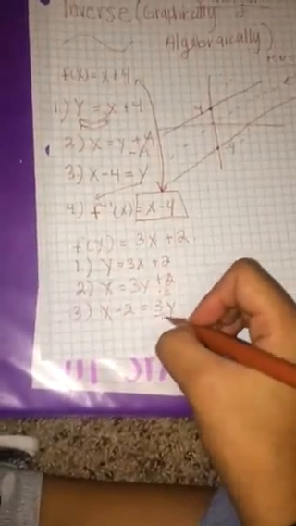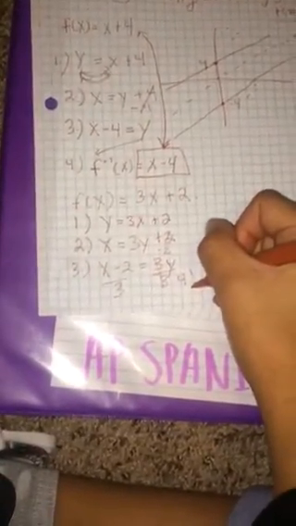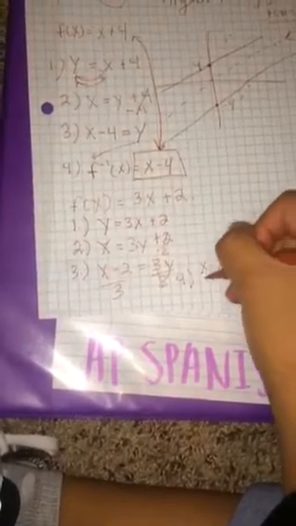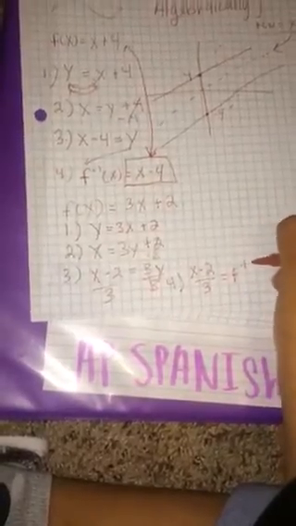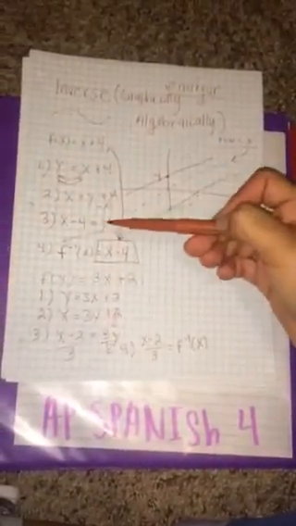Divide by 3 to cancel, and your answer would be x minus 2 over 3 is f negative 1 of x, because remember we have to change y into f negative 1 of x. So that is how we got this answer.